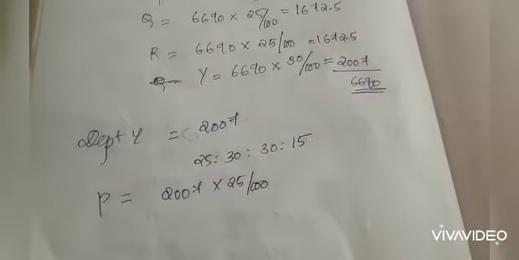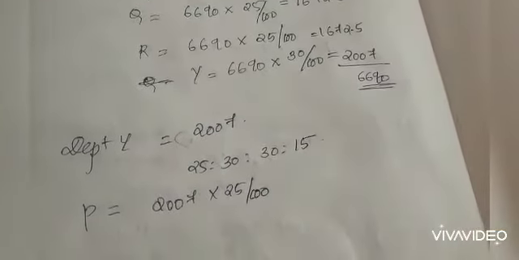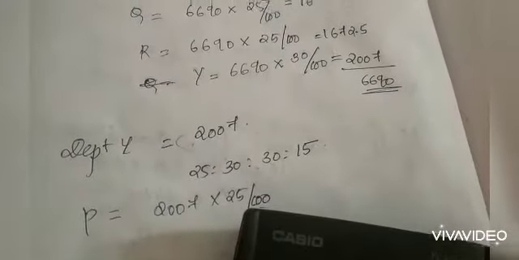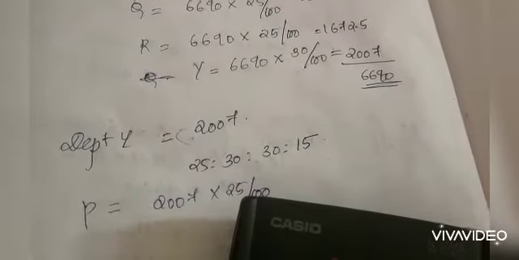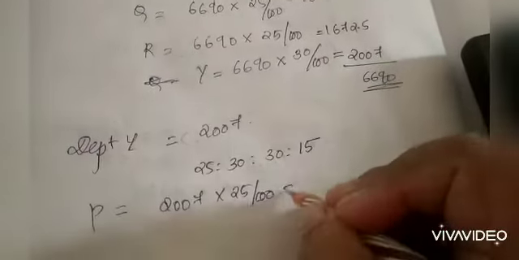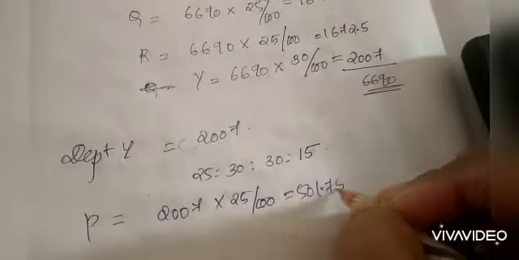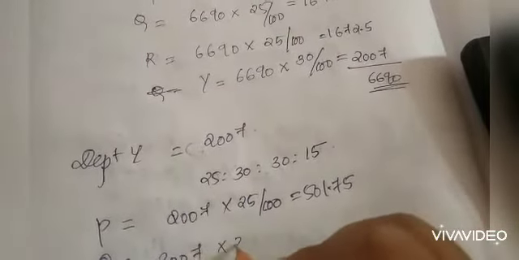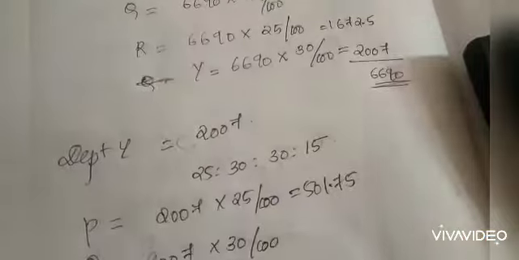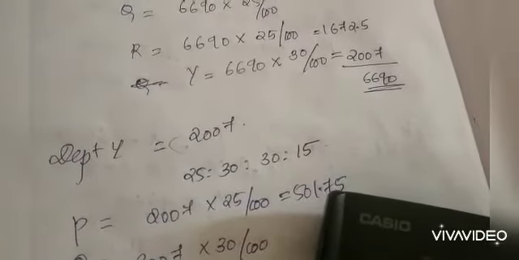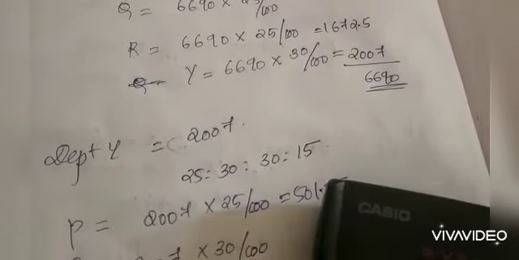So the value for P is equal to 2007 into 25 divided by 100. The value is equal to 501.75. So I am taking the decimal points also. 2007 into 30 by 100 for Q. So again we are calculating 2007 into 30 divided by 100.